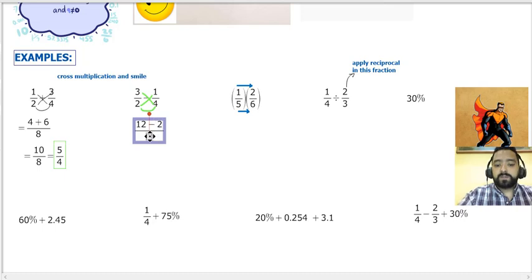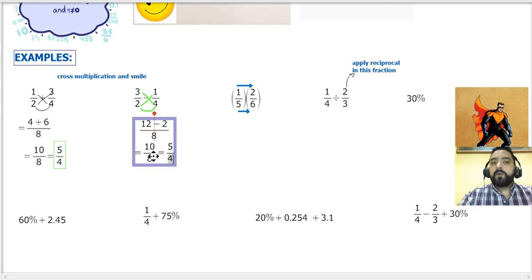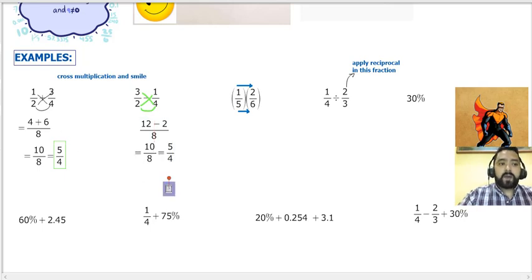And 2 times 4 is equal to 8. Then you will have 12 minus 2 gives us 10 over 8, because we copied the denominator. If you simplify, this is going to be 5 over 4, and this is your answer for this subtraction of fractions.